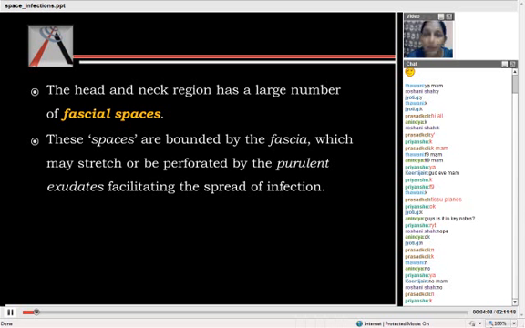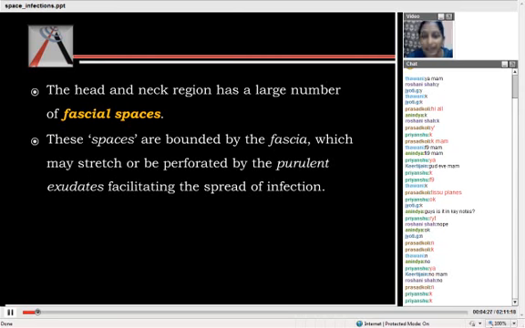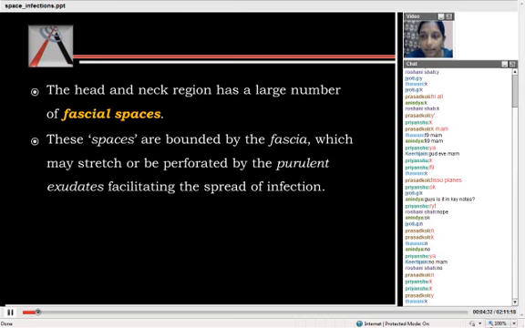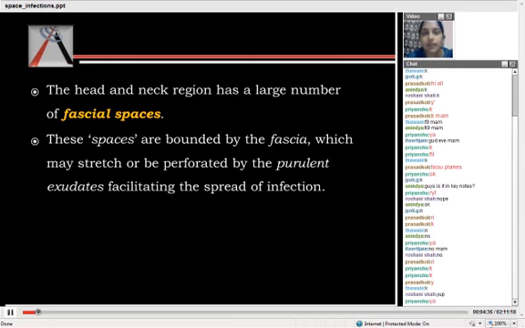What happens is when you have an infection, it might be odontogenic or it might be some other infection. The microorganisms tend to go and spoil the hyaluronic acid that is present. You know that the cementing part of any two cells is mainly hyaluronic acid, right? The most famous example that you know of is streptococci.